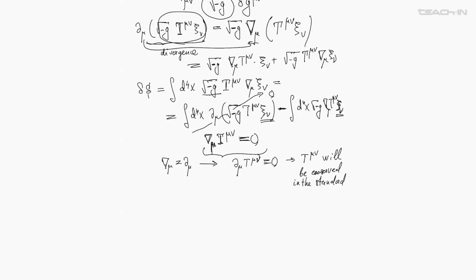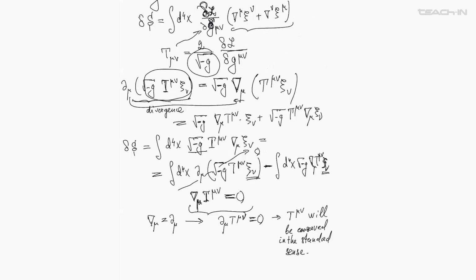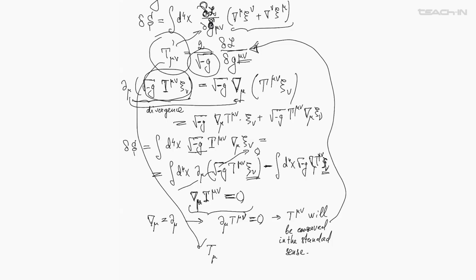On the other hand, the way you derive it, you return back to this formula, you see that since the metric is symmetric with respect to indices μ and ν, the object which you obtain by means of variation of the Lagrangian with respect to the symmetric metric will be automatically symmetric. So T^{μν} will be equal to T^{νμ}. And so this is a way to obtain a symmetric tensor by coupling your field to the general gravitational background with an arbitrary metric.